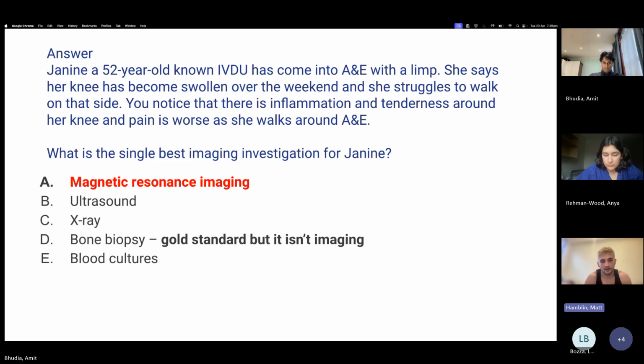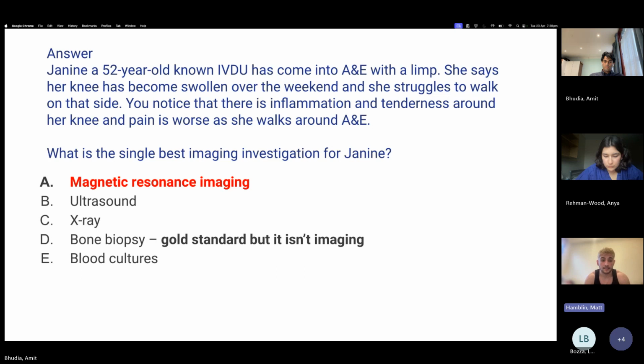The knee became swollen over the weekend and she struggles to walk on that side, and you notice there is inflammation and tenderness. So again, it's in keeping with an inflammatory process and potentially early stages of an infection. And you're going to want to have a look at that bone to see if you can see any signs of that infection. Local edema in the region of pain.